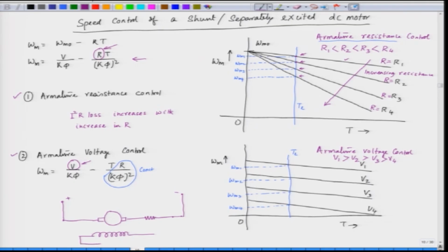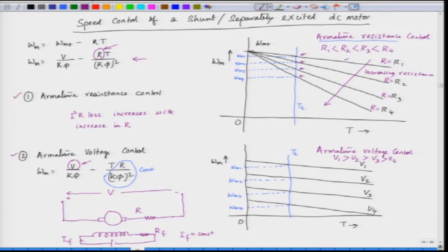We apply a constant DC voltage here. So, the field current is almost kept constant. So, I F is constant, and having I F constant, with the armature circuit resistance constant, we vary the applied voltage. So, we vary this V.